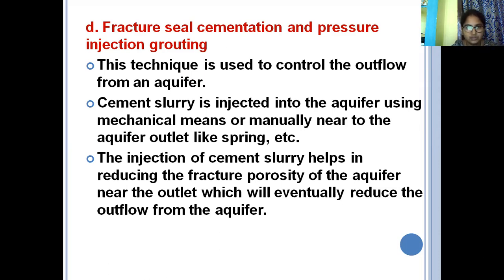And also the excess water can be stored for later use, that means domestic and agricultural use. And also the surplus surface runoff can be utilized properly instead of draining it off.